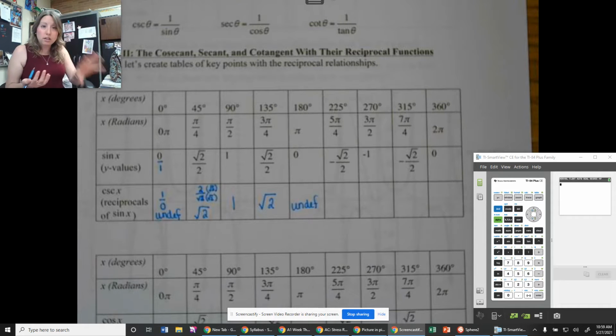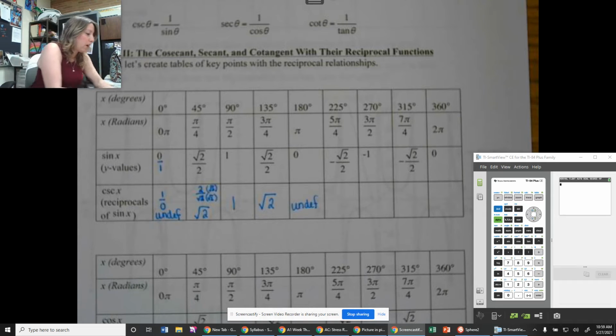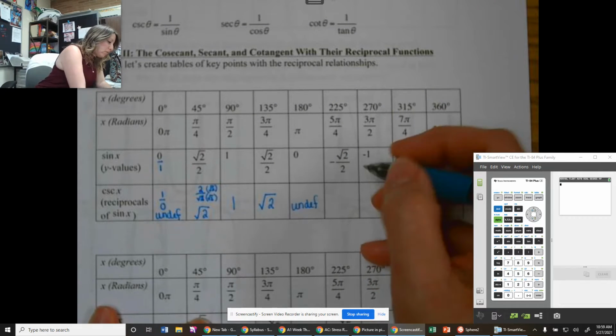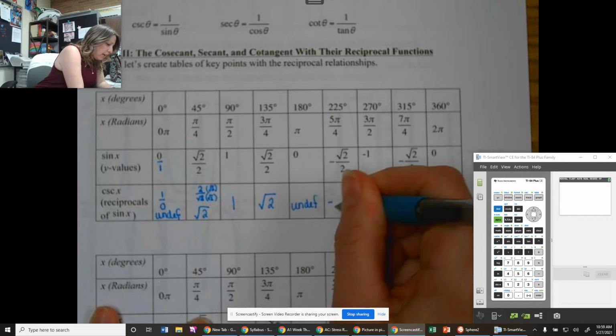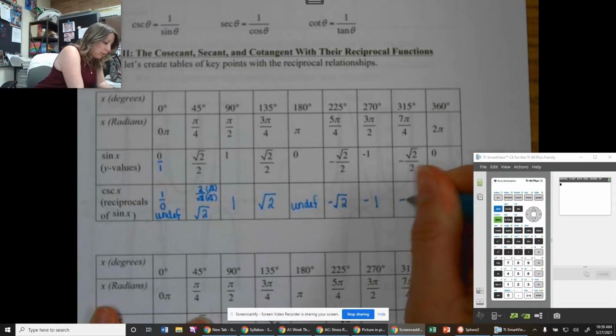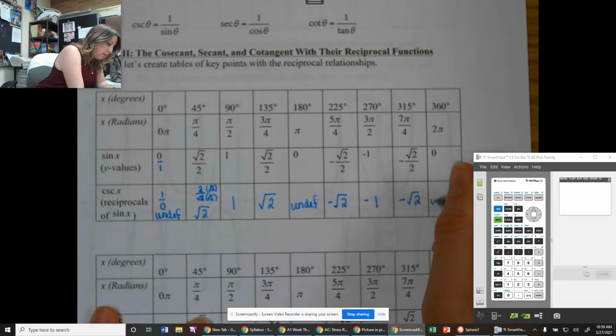The cosecant and secant will also have asymptotes because of that flip that creates an undefined fraction. Here, now you're looking at negative radical 2, negative 1, and negative radical 2, but again, back to an undefined section.